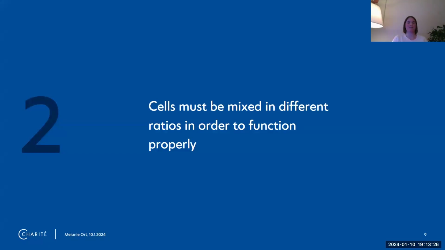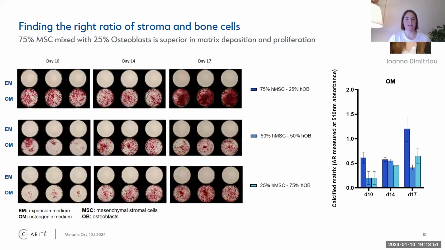So the next part is we were looking into how important it is to mix cell types and how they influence one another. Most of you that did something with cell biology know that cell-to-cell contact and all of those things are quite important for how cells will behave later on. So my colleague Annie actually did all of the work. This is just a small excerpt of that.